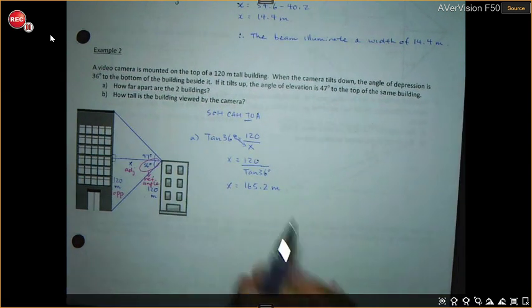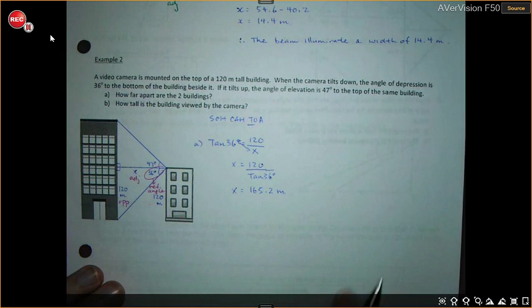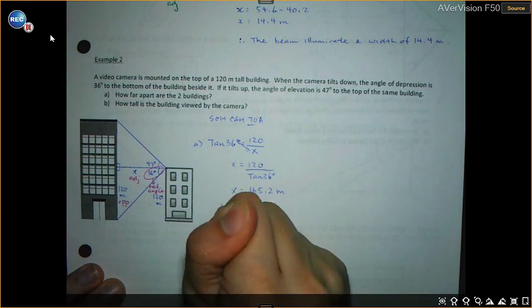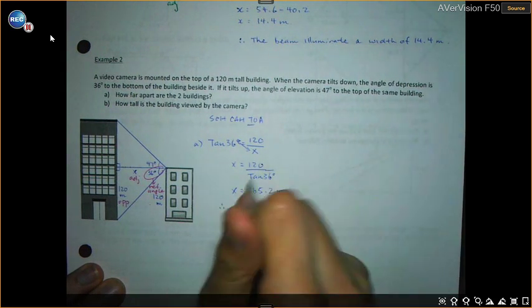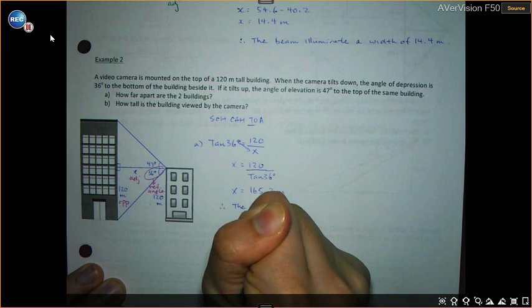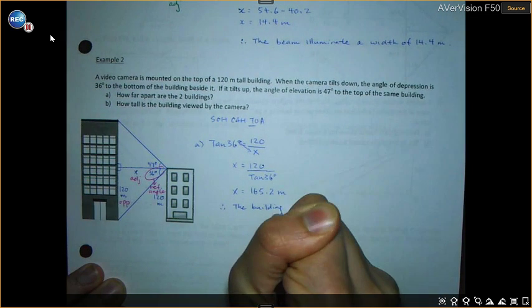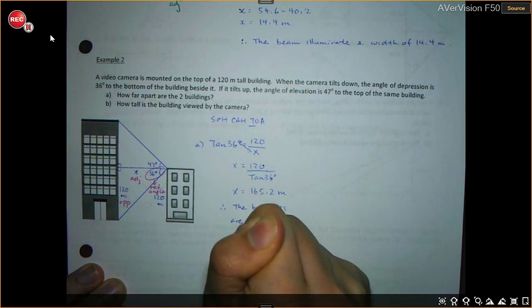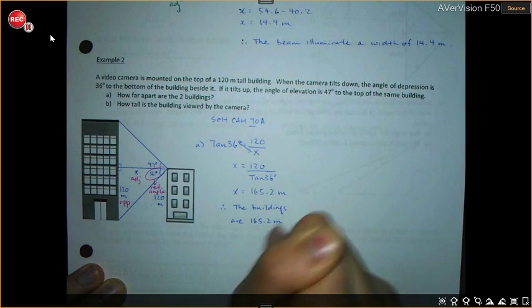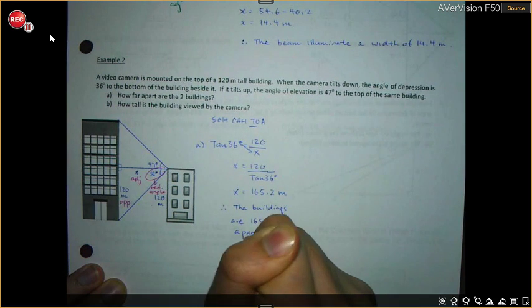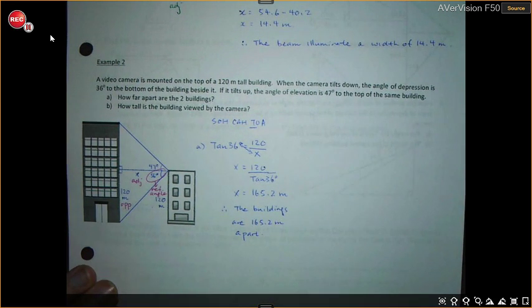So the two buildings are 165.2 meters apart. Okay, so that's for part A.